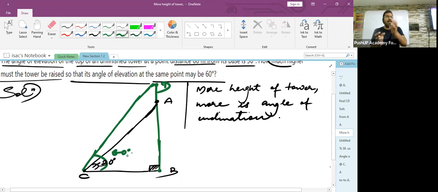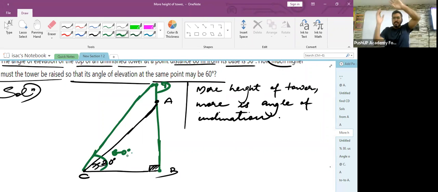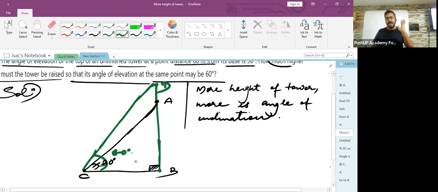From that point A, I will increase the height of the building to point D so that the angle of inclination increases to 60 degrees. So how many right angle triangles are you getting here? 2 right angle triangles, isn't it? Have they given any other details here?